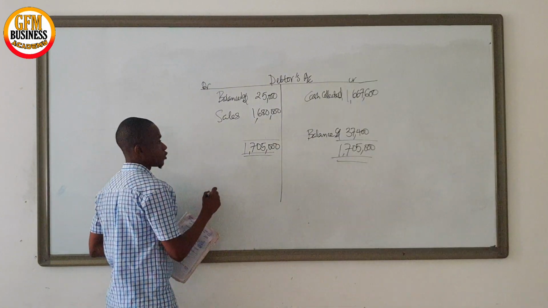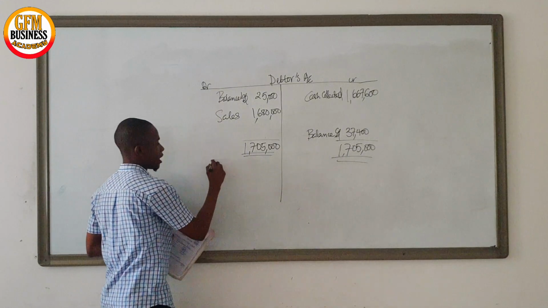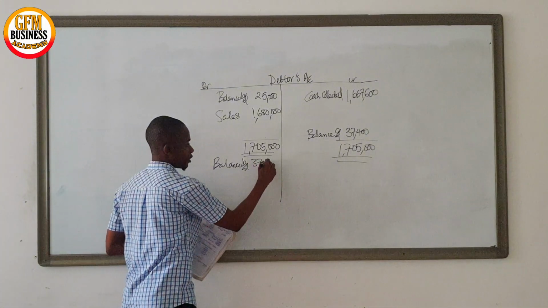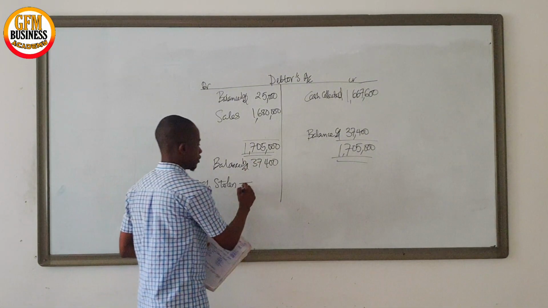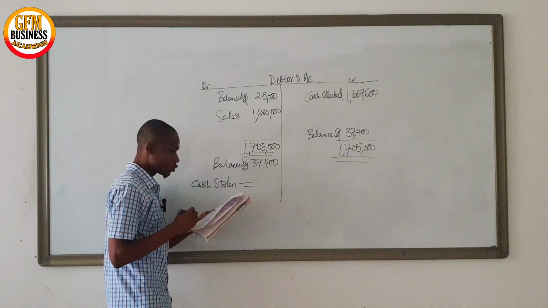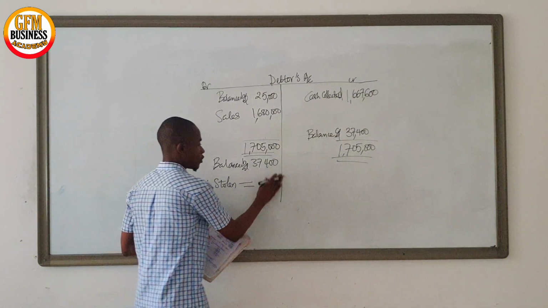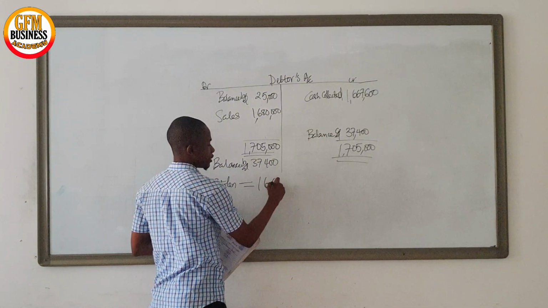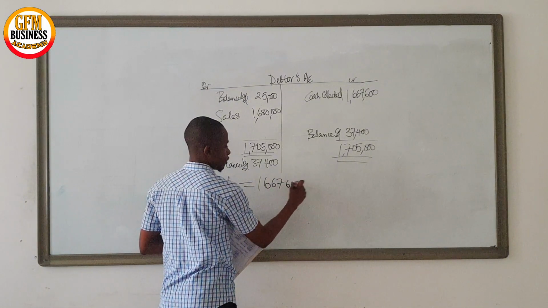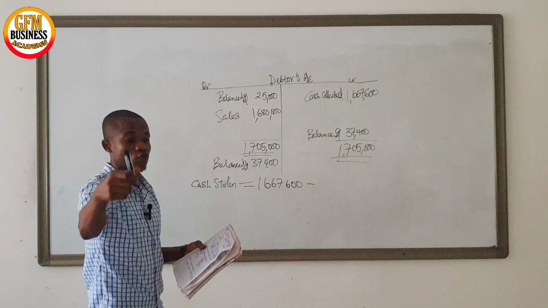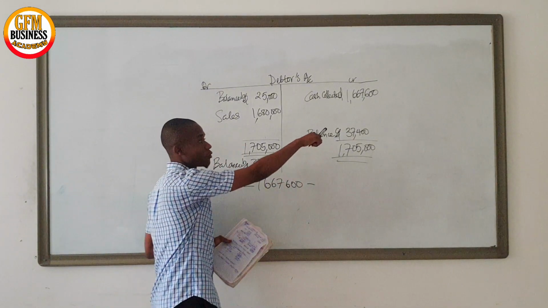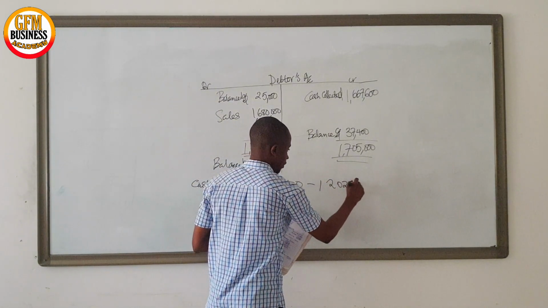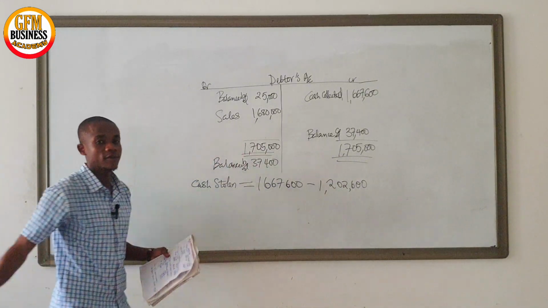Now, in order to find cash stolen, by the way, you must bring down the balance. Balance BD will be 37,400. In order to find the cash stolen, you take the cash collected, which was 1,667,600, and subtract the cash which was taken to the bank. If you remember the question, it was 1,206,600.